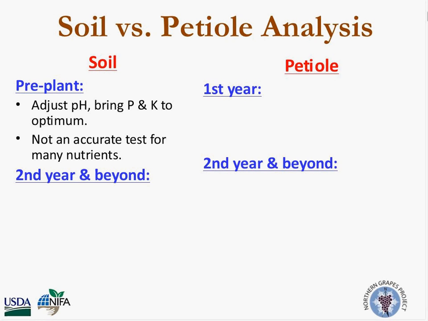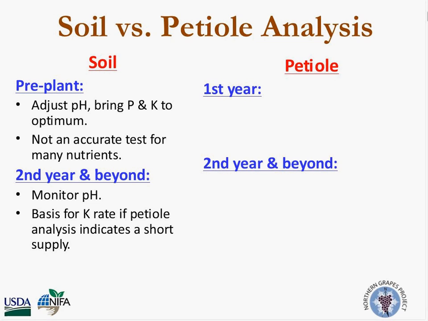In years after the first year of planting, we continue to monitor the pH, and then also look at soil potassium, which is also one of the nutrients that tends to give us problems in vineyard plantings. One thing to note is that in some cases the soil test is not accurate for certain nutrients, and we'll get into those in just a little bit.